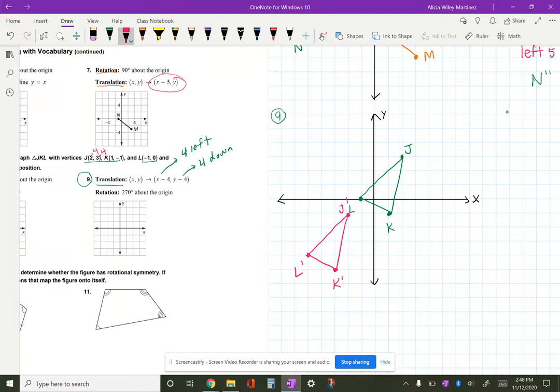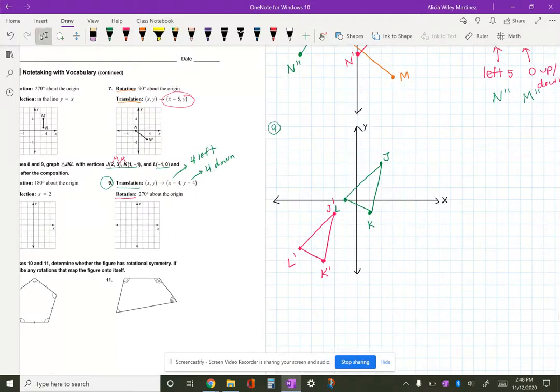The second thing in our transformation, since this is a composition or a combination transformation, is I'm going to do a 270-degree rotation about the origin. Again, remember, we are assuming these are all counterclockwise since that's the way the book does it, okay? Don't go clockwise unless it states that. So I'm going to write down these points again, because it helps me. But if you want to take a different approach, go ahead.